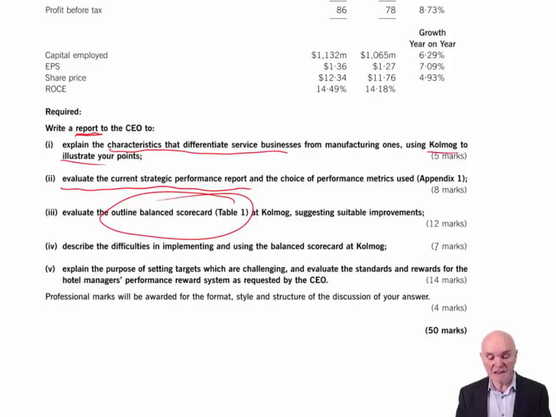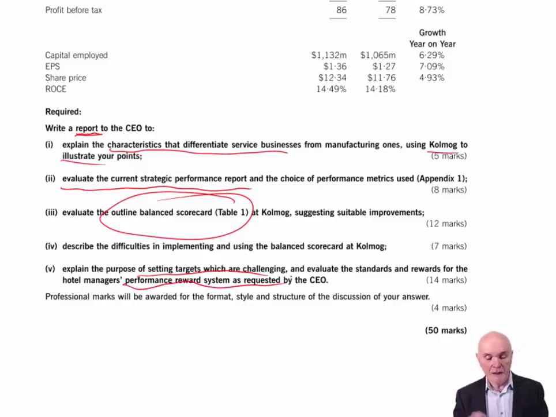And then secondly, explain the purpose of setting targets which are challenging and evaluate the standards and rewards for hotel managers' performance reward system as requested by the CEO. There's presumably some rather theoretical stuff, the purpose of setting challenging targets, and then we get down to the practical bit.